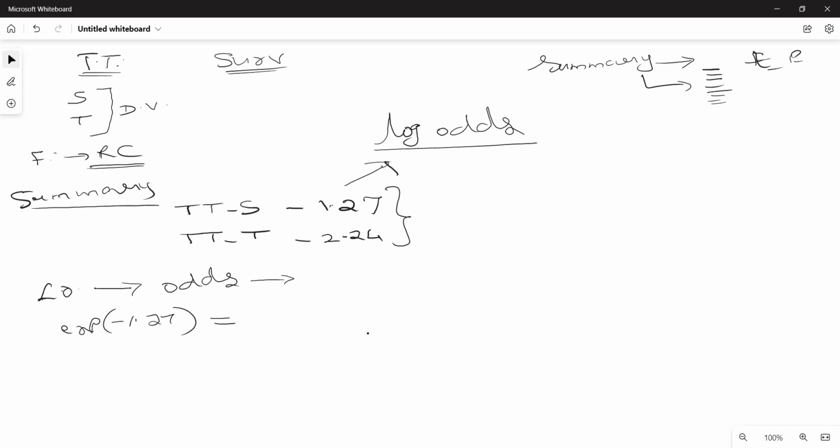The exponent of minus 1.27 gives me 0.208. So this value that I get is known as the odds. Is this clear to everyone?